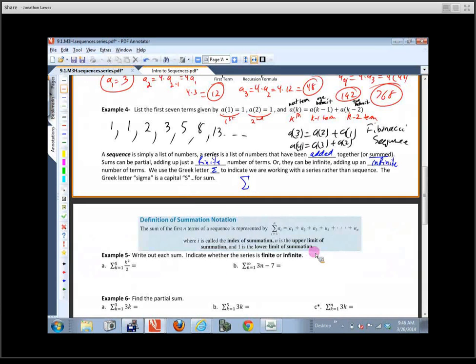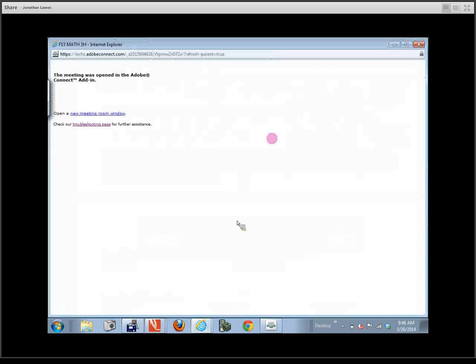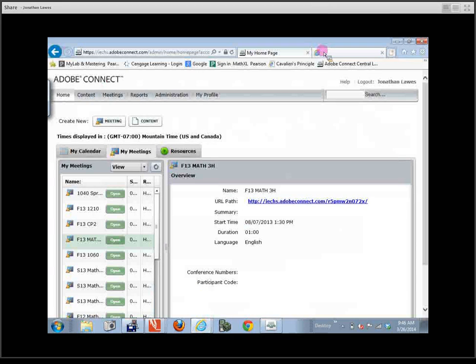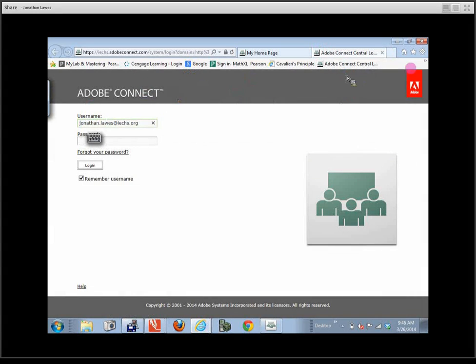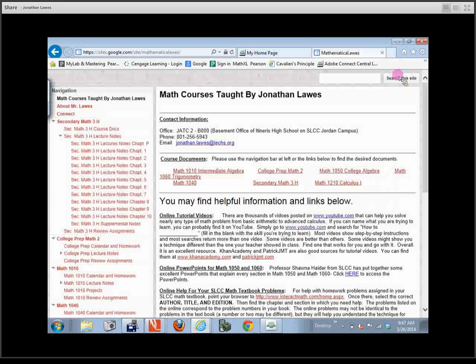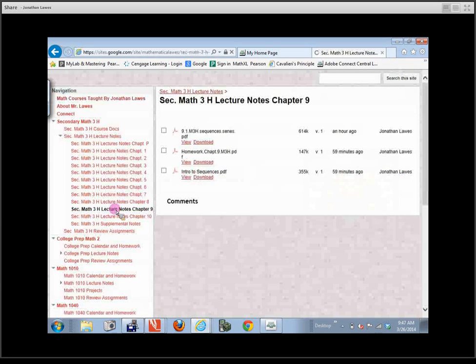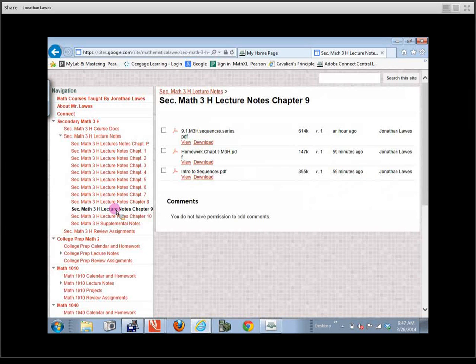I do want to do one quick thing. We've been using this for a while. Hopefully everybody's been here and has seen this. There are the notes.